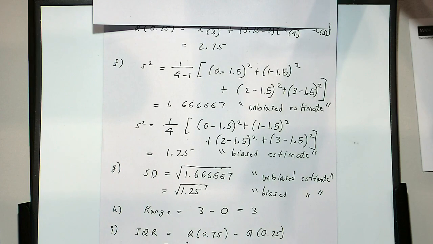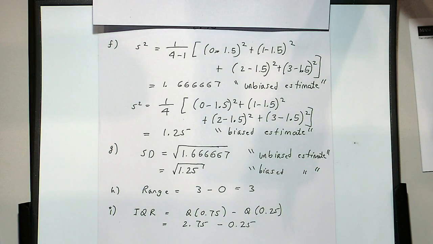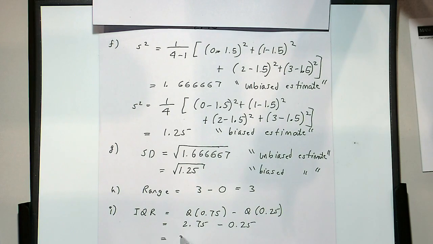Right, and if you take the difference, it is 2.5. All right, so we worked out all the summary statistics that we talked about in this course so far, right? Okay. Right. So that's example 1.